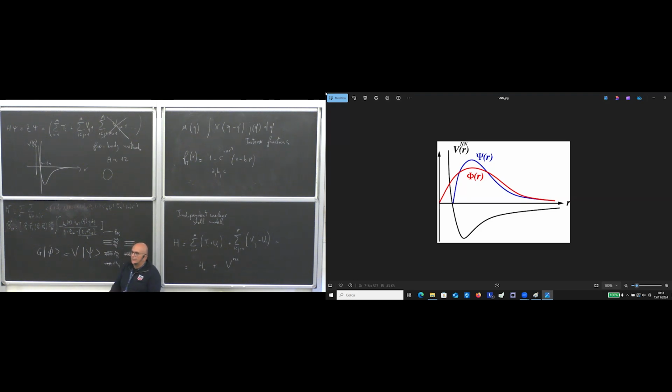So for example, since the two-body potentials usually contain a spin-orbit term, the spin-orbit will be accounted for from the two-body potential.